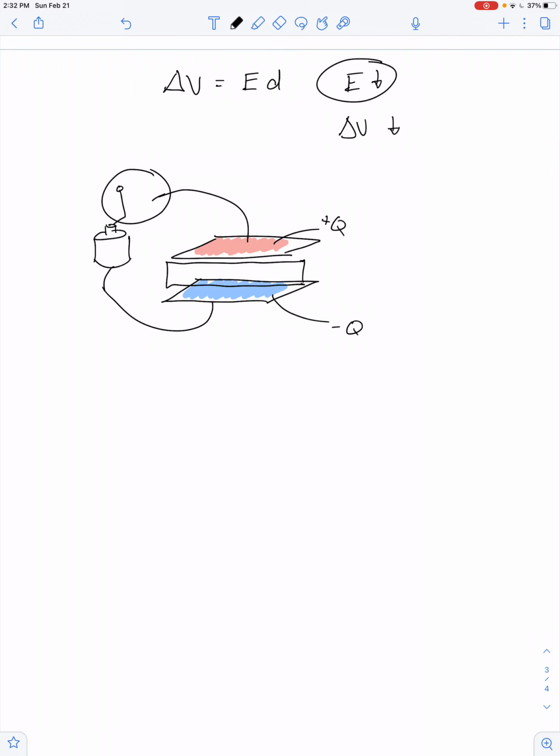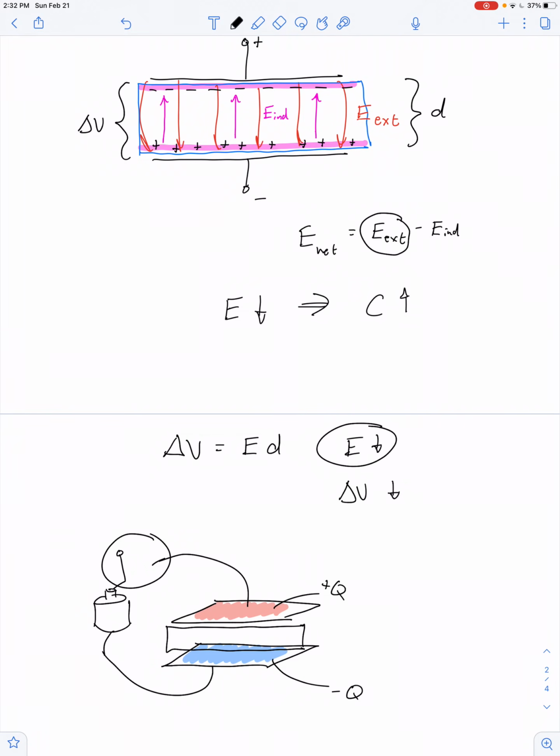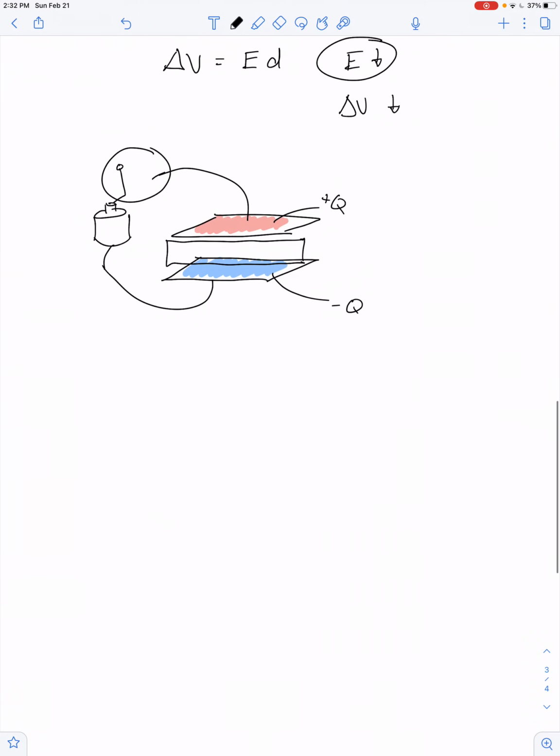And because the electric field got weaker, due to the fact that the electric field is now opposed by some induced field, the potential difference across the plates became less.